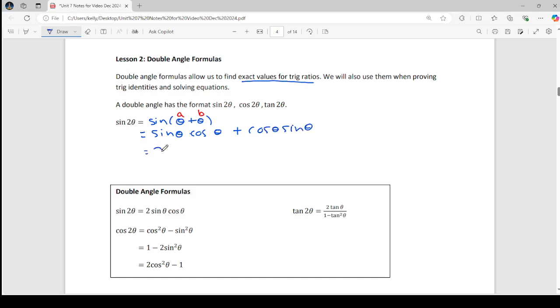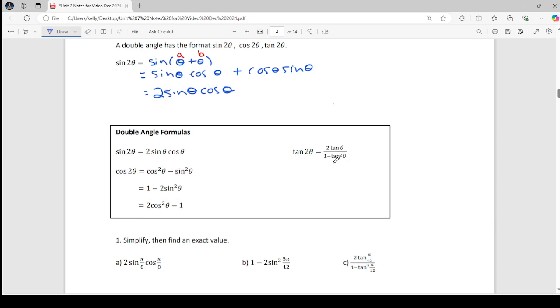Those are the same terms, so this becomes 2 sine theta cos theta. You could similarly prove cos 2 theta and tan 2 theta using the compound angle formulas for cos theta plus theta and tan theta plus theta. So we have the double angle formulas for sine 2 theta and tan 2 theta.